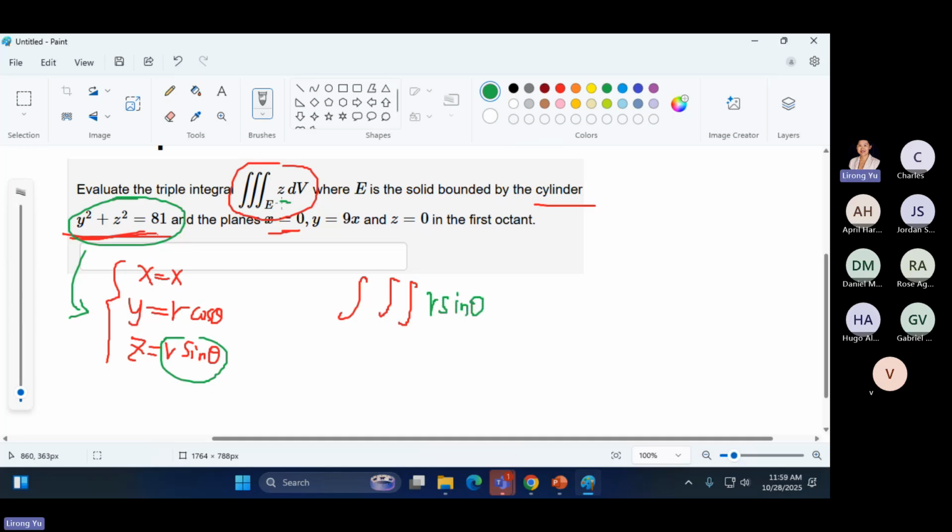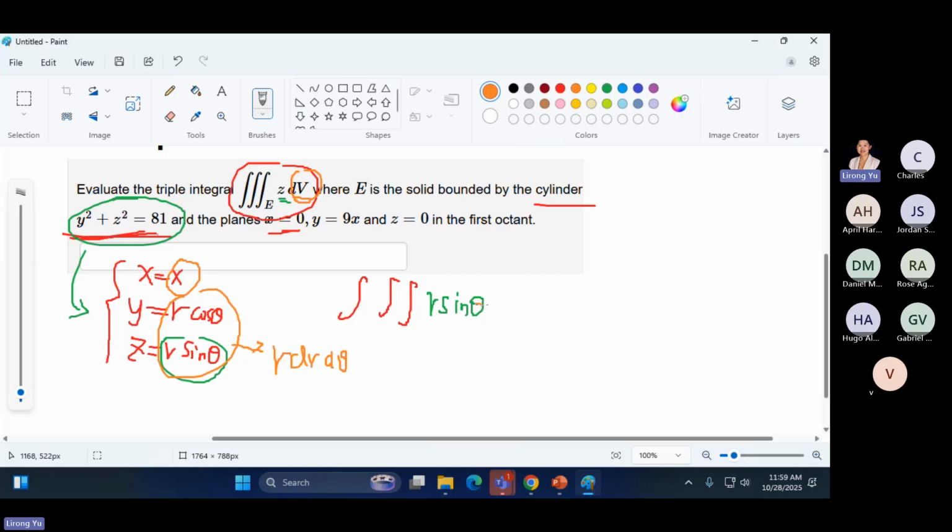This is indicated by that z, but also you still have that dV to work on. Since we're doing this cylindrical coordinate, we have r dr d theta as part of the dV. But we did not replace the x, so we still have the dx.